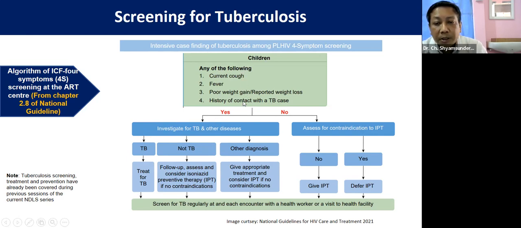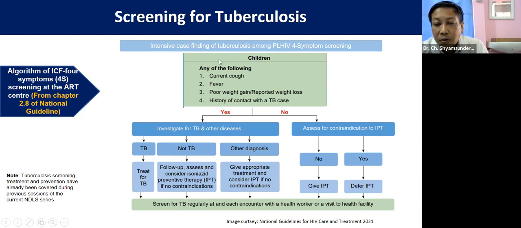When these 4 are present, we investigate for tuberculosis and other diseases. If tuberculosis is confirmed, treat for tuberculosis. If no TB, follow up, assess, and consider IPT, isoniazid preventive therapy, if there are no contraindications. For other diagnoses, give appropriate treatment and consider IPT if no contraindications.